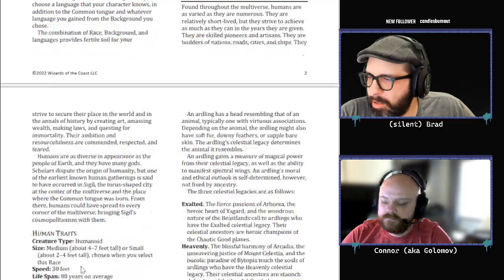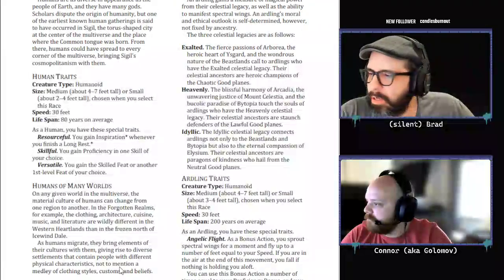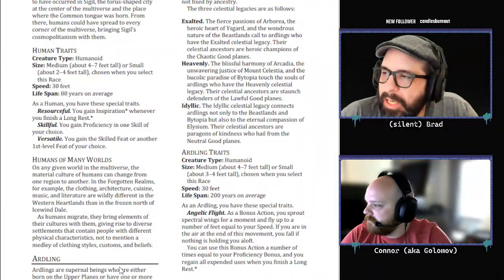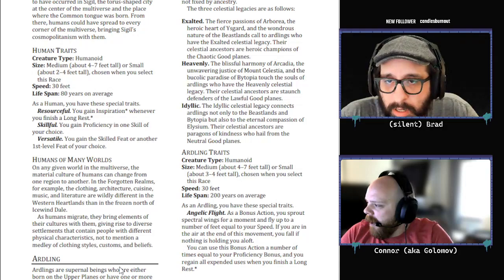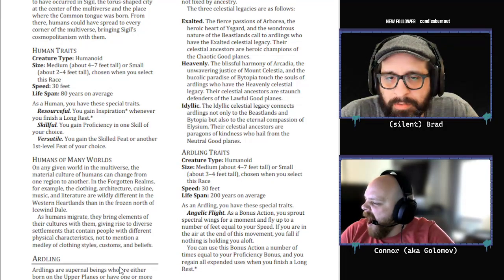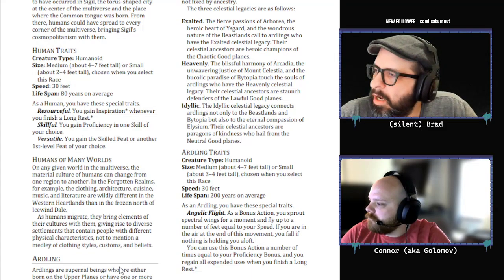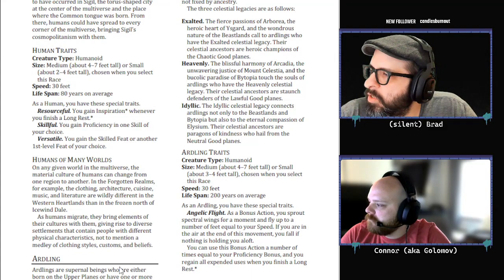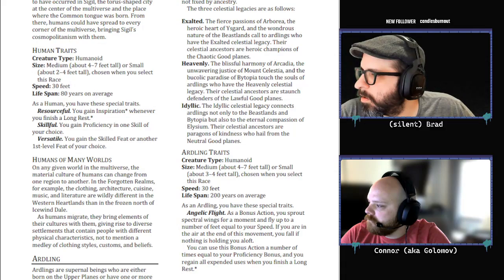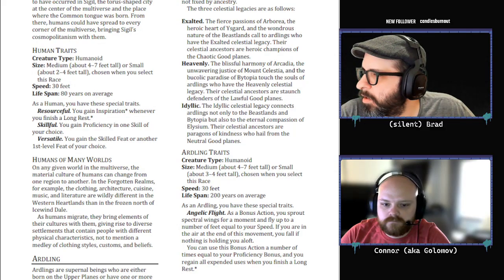Yeah. Heading into traits, you're humanoid, of course. This is the first time that we get medium or small. I think since, are Hadozi medium or small?